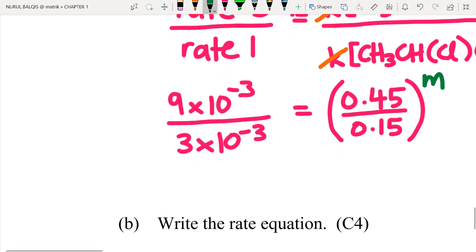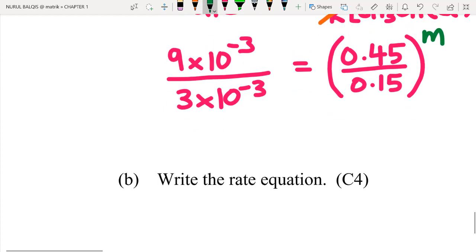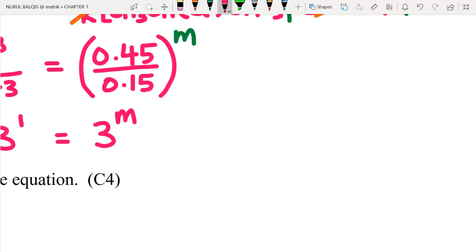Okay, once we put this value into the calculator, we're going to get 3 to the power of 1 is equal to 3 to the power of M. And lastly we get M is equal to 1.